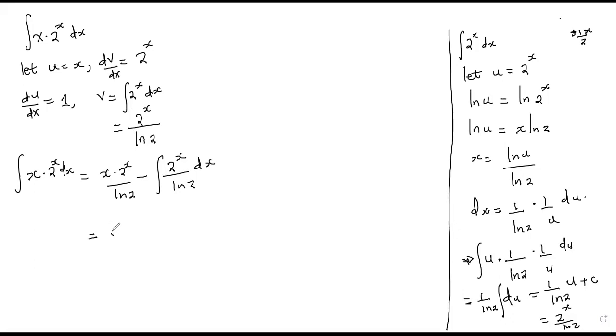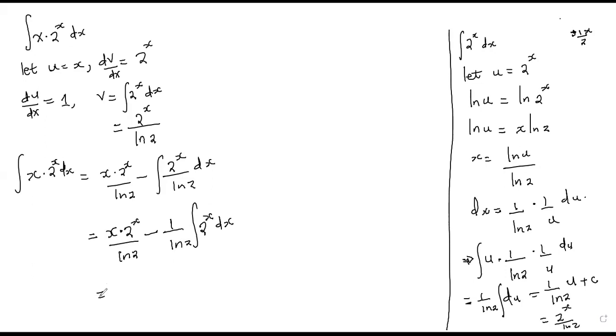So this is the same as x times 2 power x over ln 2, minus, I can move out 1 over ln 2. Then I integrate 2 power x dx.